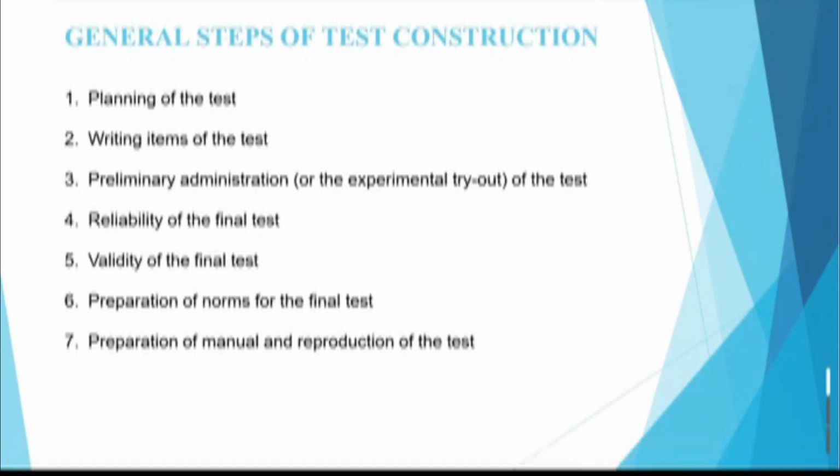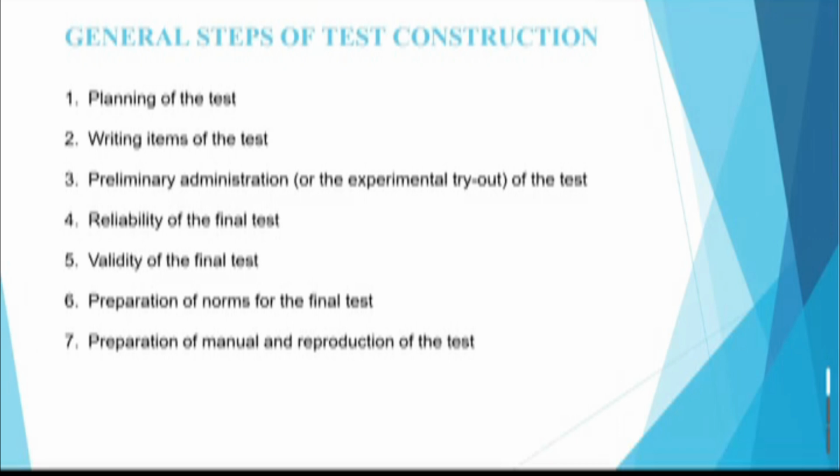Next comes the writing items of the test. It again comes in sync with your planning. See, for example, if the person who conducts the test decides to conduct an objective test, he or she needs to write down the objectives and the possible alternative responses which the individual may come up with. All these things should be included in your test itself. It should be more or less comprehensive.